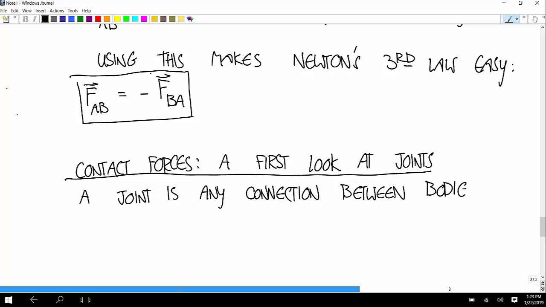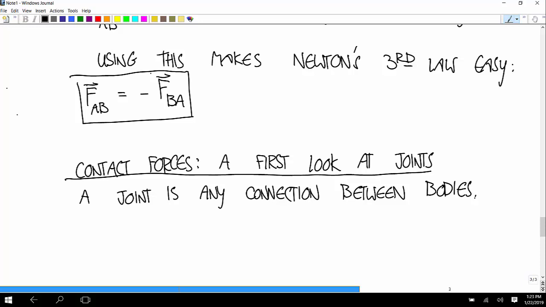And later on, we're going to get into hinges and pin joints and ball and socket joints and all these different ways you can attach two bodies together that allow certain types of motion and restrict certain types of motion. For now, in dealing with particle statics, we're only going to have 3 of these connections, and they're not going to be what you would normally think of as joints.